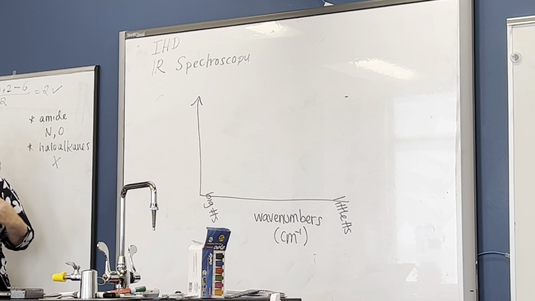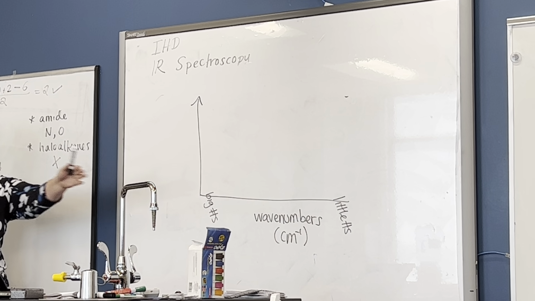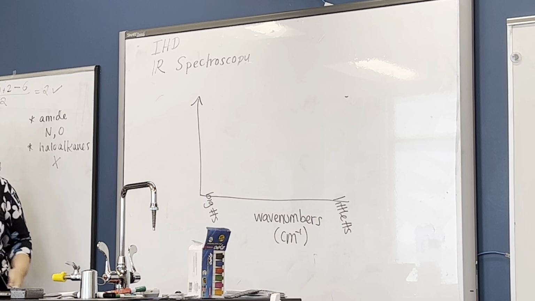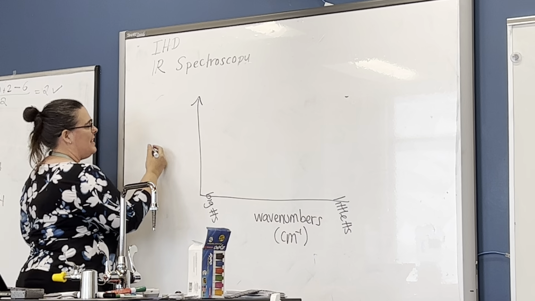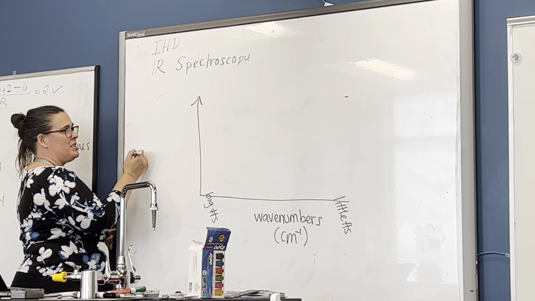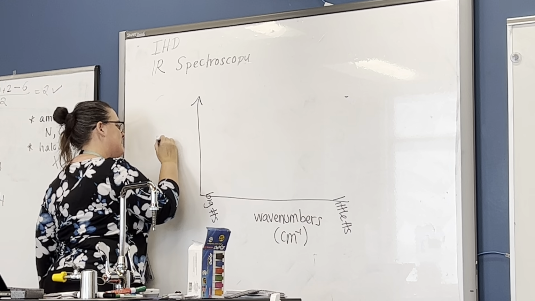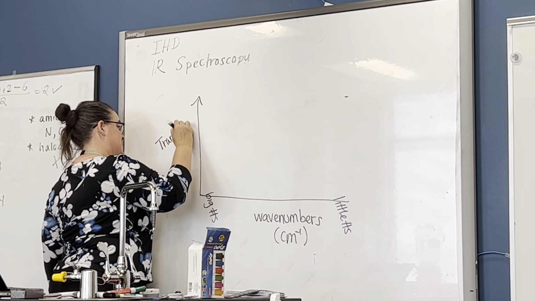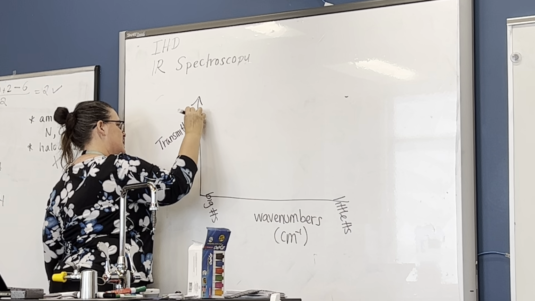Okay, so I know that a bond is supposed to absorb frequency that matches its resonance frequency, that makes these bonds sort of start vibrating. We have multiple types of vibrations. And so the way we're going to look at that is we're going to shine light at these molecules, IR light no less.